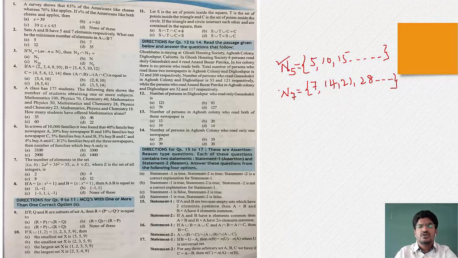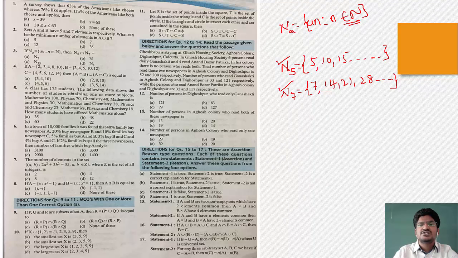This is the multiples of 5, this is the multiples of 7, because what they have given is n of A as the set of A n such that n belongs to N, where this is the natural number set, and this will give you the multiples of A. For example, A into 1, A into 2, A into 3, they are going to calculate.